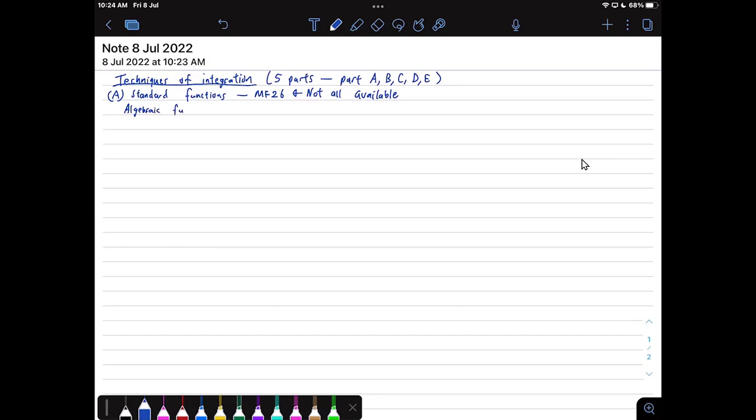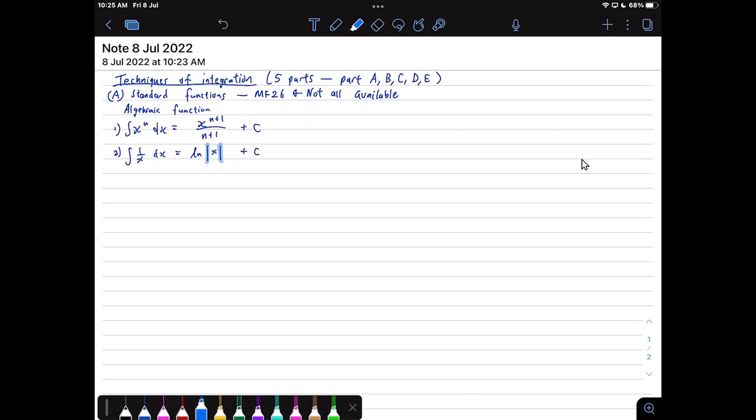Integrating x to the power of n, you already know how to do this. This will be x to the power of n plus 1 divided by n plus 1. Don't forget plus c. Next, integrating 1 over x, you also know how to do this. It's just ln of modulus of x. Don't forget plus c. Make sure you have the modulus here.